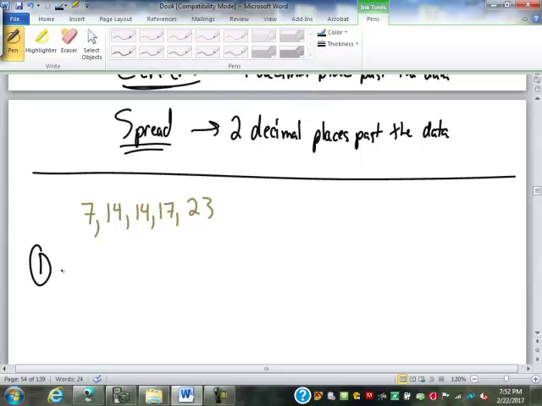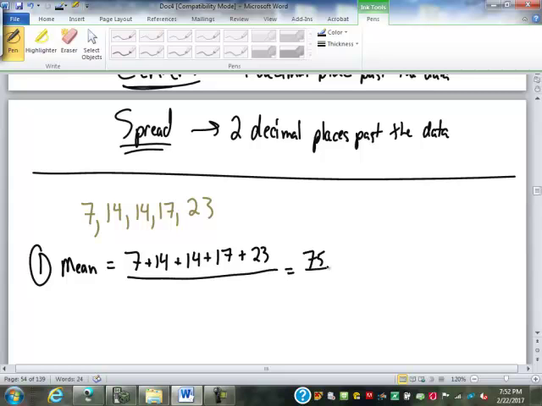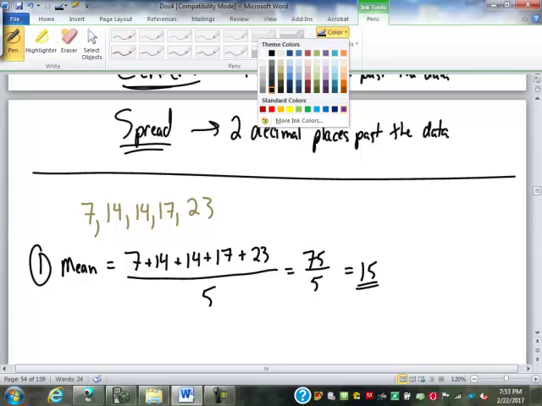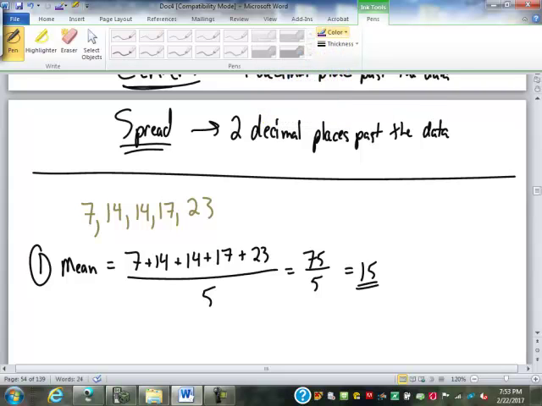Step 1 is to find what? The mean. So 7 plus 14 is 21, plus another 14 is 35, plus 17 is 52, plus 23 is 75. There are 5 numbers, so we're dividing by 5. Once again, our mean is 15, just like the last set. I want you to take it from there.